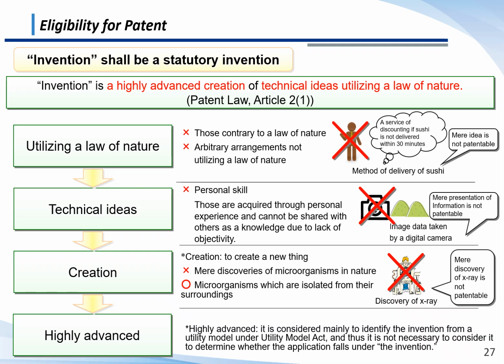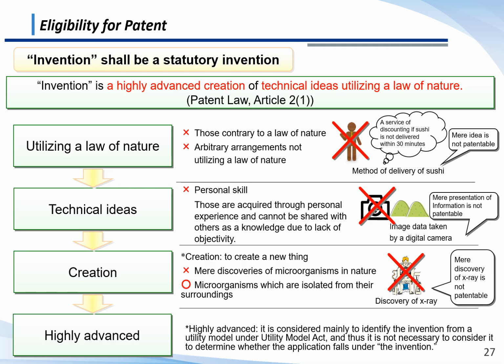Next, a statutory invention shall be a technical idea. Therefore, for example, personal skills, that is to say, those that are acquired through personal experience and cannot be shared with others as a knowledge due to lack of objectivity, are not considered as a statutory invention. Furthermore, a statutory invention shall be a creation. Therefore, for example, mere discoveries of microorganisms in nature, for which an inventor does not create any technical idea with intention, are not considered as a statutory invention.